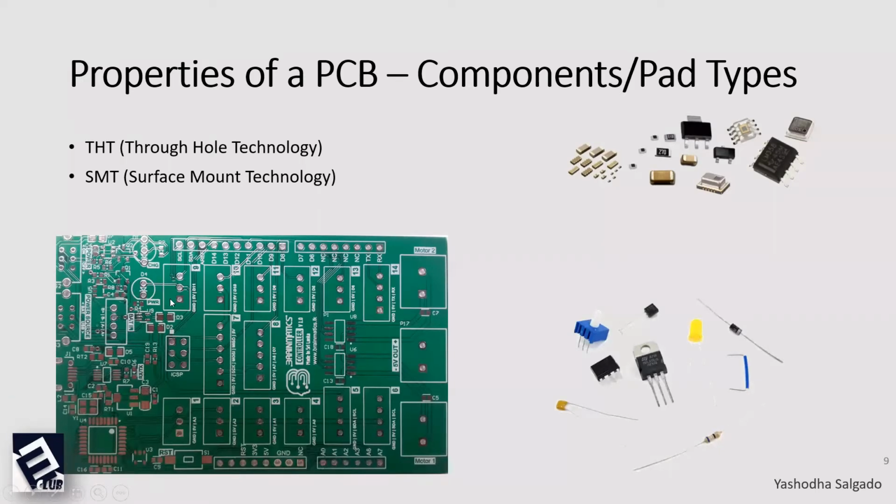These holes are used to mount the THT type components. Here is a THT through hole component, and these are SMT components. You cannot see such lengthy LEDs on SMT components. Okay, this is the easiest way to identify them.